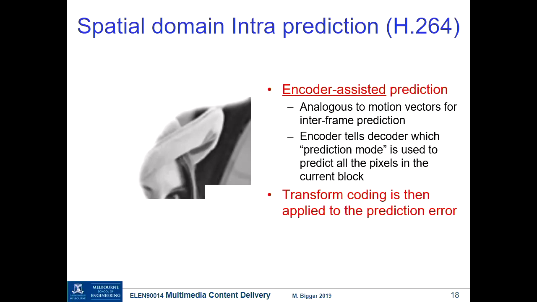Prediction error is reduced, bitrate is reduced. So here, for instance, the encoder might tell the decoder just predict with the average, use the same average value as the surrounding pixels, and that would probably be a good prediction for that case.